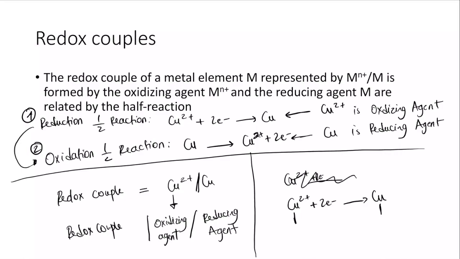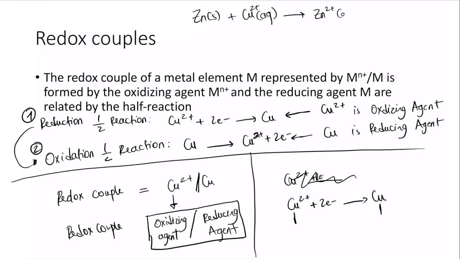So there is a misconception. Again, I'm just going to write the misconception. As we've mentioned, we started with Zn as a solid plus Cu2+ aqueous, and it gives us Zn2+ aqueous plus Cu solid.